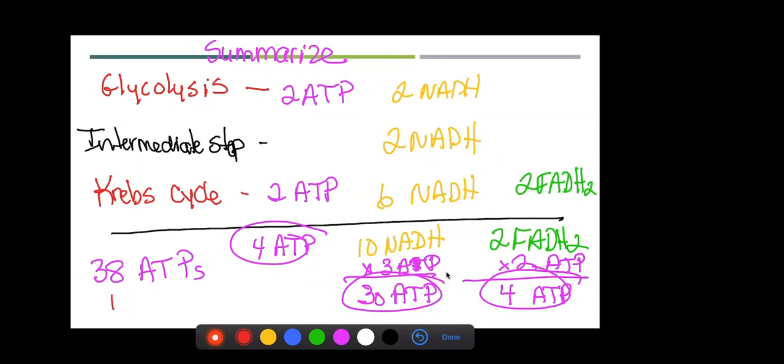So we're going to lose 1 ATP per pyruvate, and I had 2 pyruvates, so I'm going to lose 2. All right. So that means I have a total of 36 ATPs. But like I said, that's in a perfect system.